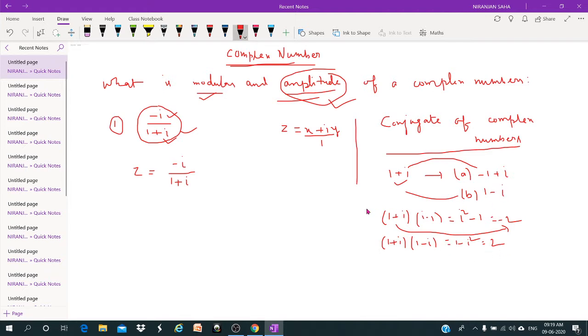But in the study of complex numbers we take the second type as the conjugate. The imaginary part, the iota, is taken with the opposite sign: if it is positive, it is taken negative, and if negative, positive. The real part we cannot change, but the imaginary part we take with the opposite sign.